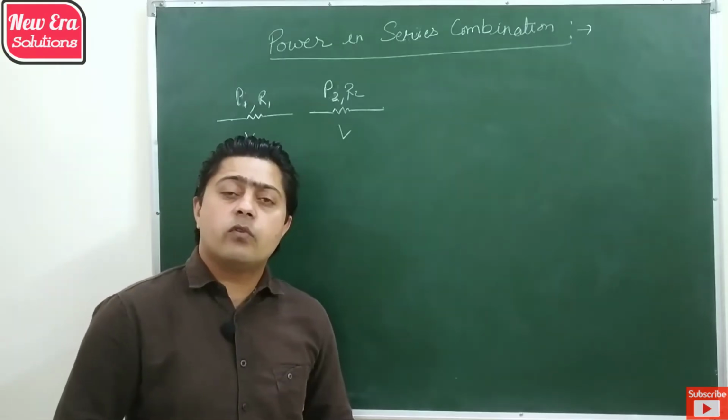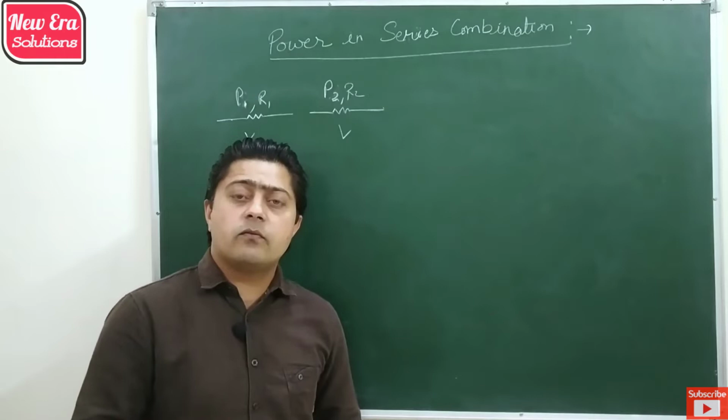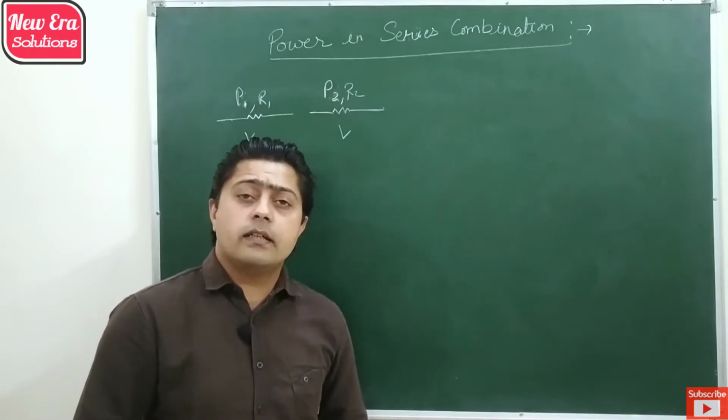Now let's find the power of a circuit when two resistors are connected in series.